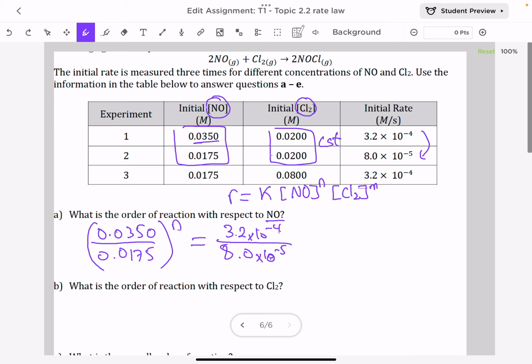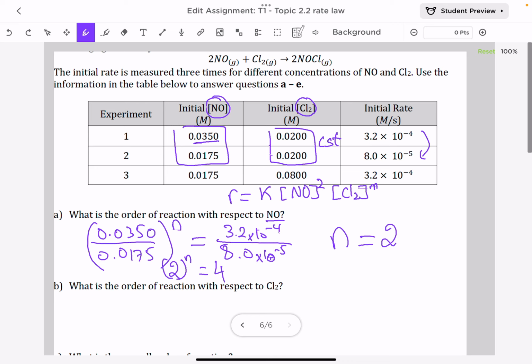So plugging this into my calculator, this is equal to 2 to the power of N equals 3.2 times 10 to the power negative 4 over 8 times 10 to the power negative 5, equal to 4. So the order is second order with respect to NO.